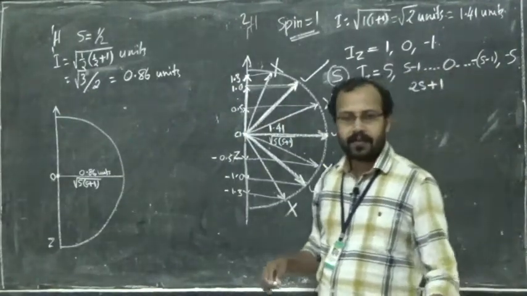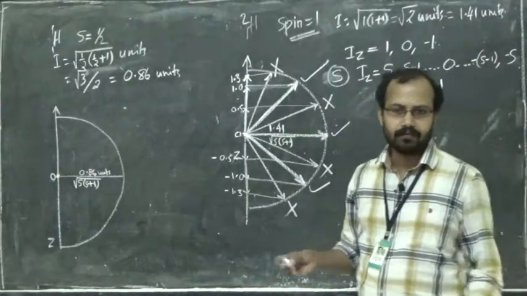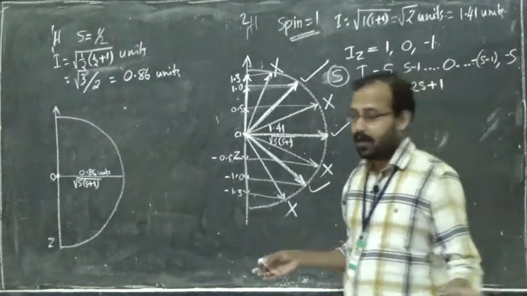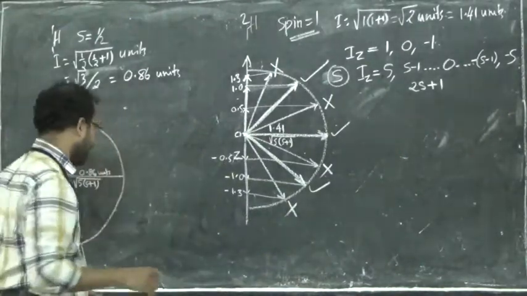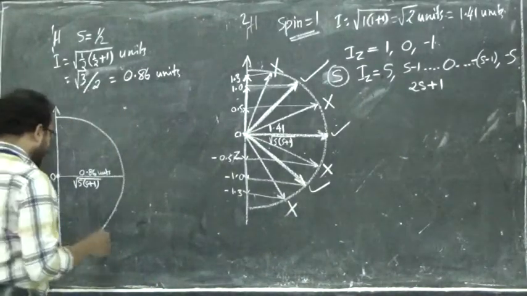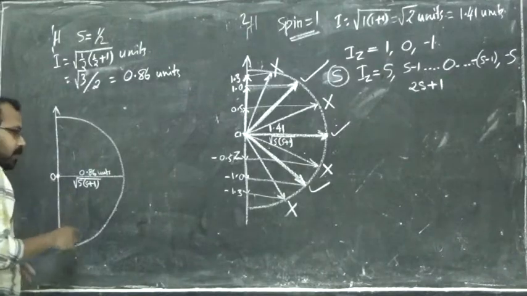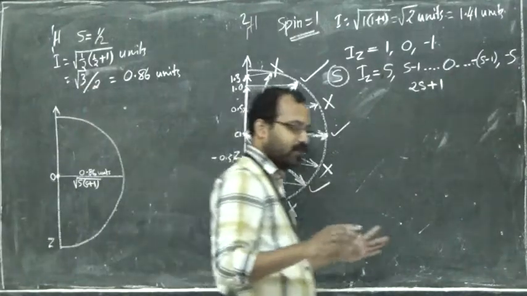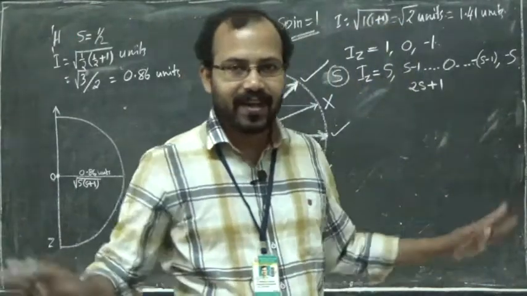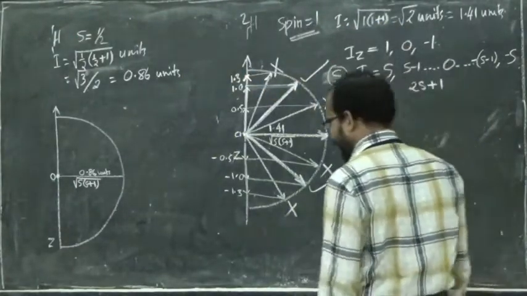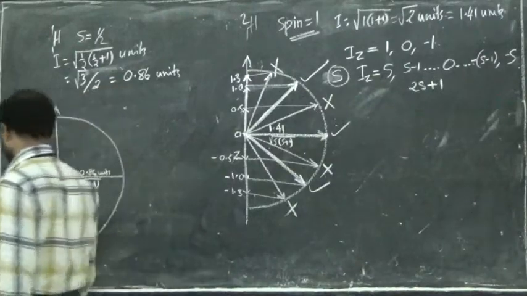How many arbitrary directions can I choose here? Many. Why not? But since I want to conclude this class within a certain time, I am not going to draw so many directions. I will restrict to 4 or 5 directions.